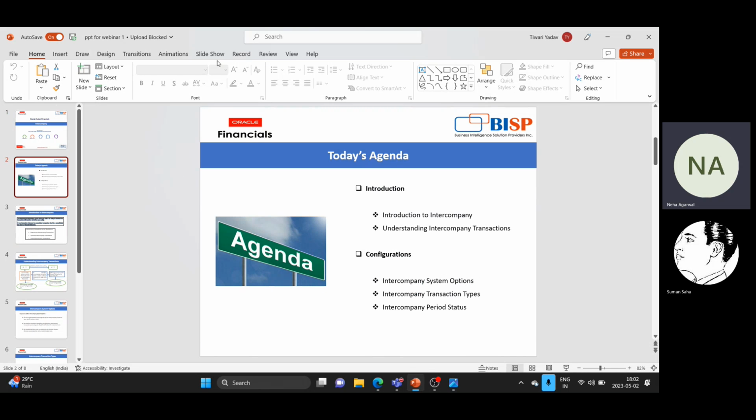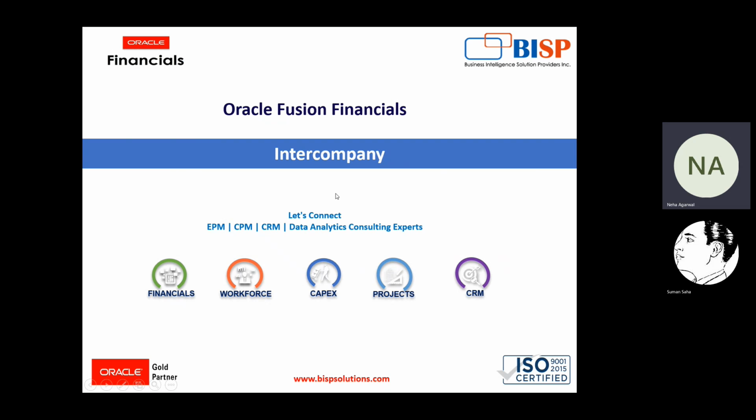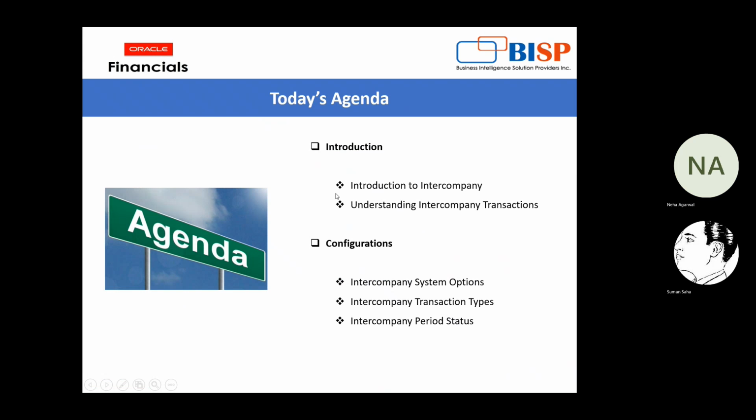Let's discuss what's our today's agenda first, and then we will begin with the session. In today's webinar, we will be seeing a basic introduction to the intercompany. Then we will understand how the intercompany transactions occur, and then we'll move to the core configuration part, which is relating to the intercompany system options, transaction types, period status.